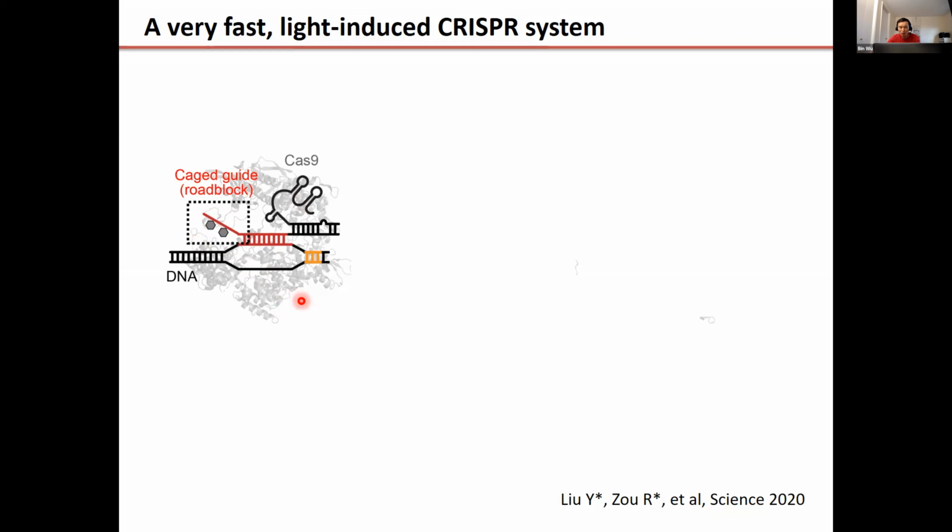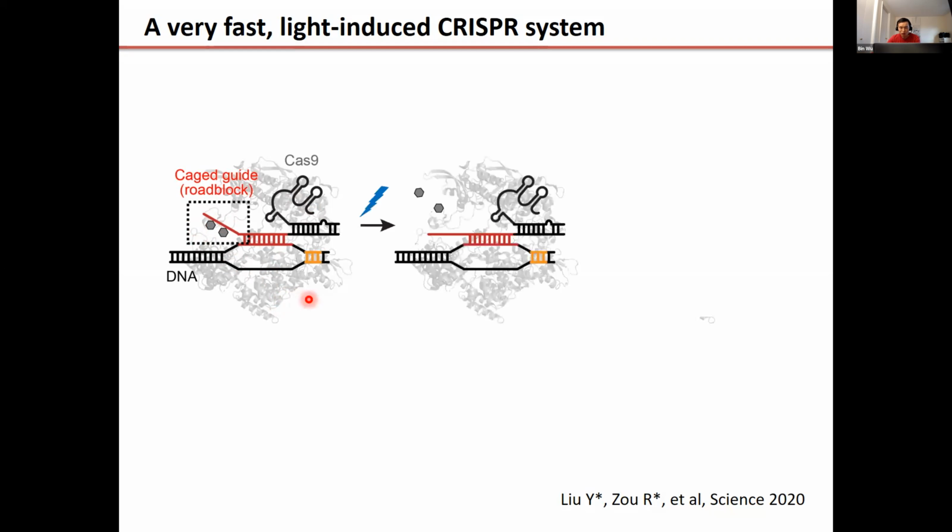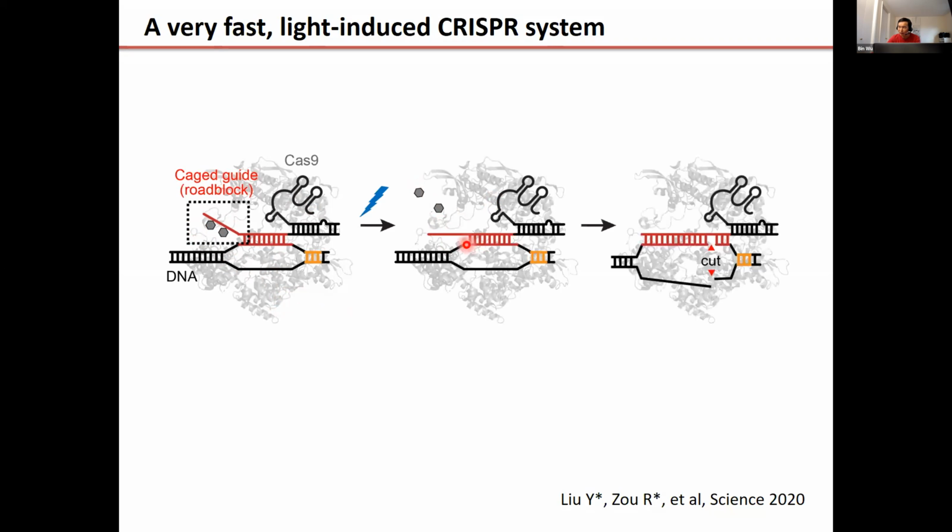But as soon as we apply light to uncage the guide RNA, the caging group is released, the guide RNA and the target can hybridize, and the Cas9 can be activated and cut the target DNA.